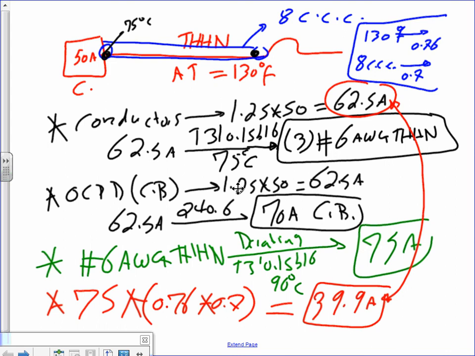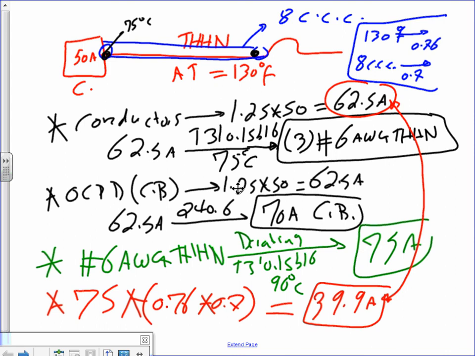You need 62.5 amps, and the conductor, because of the circumstances that we have, is 39.9. Am I screwed up? Big time. So what would you do? Here's the situation. What would you do?